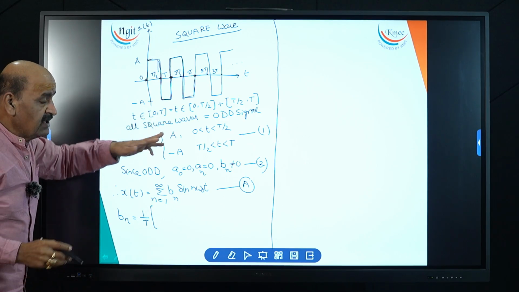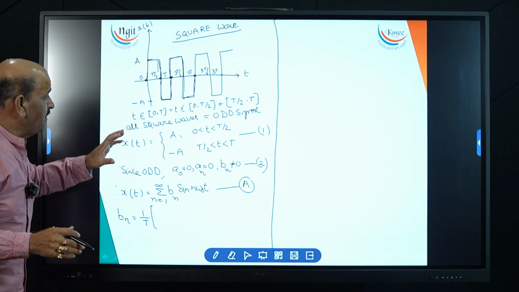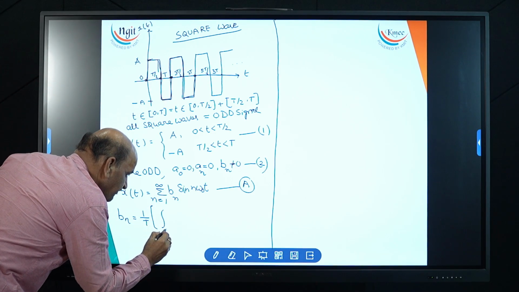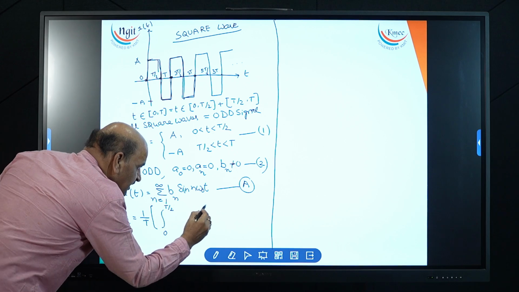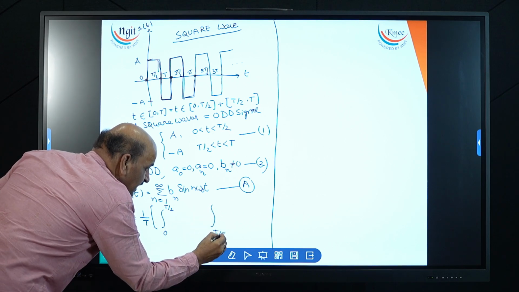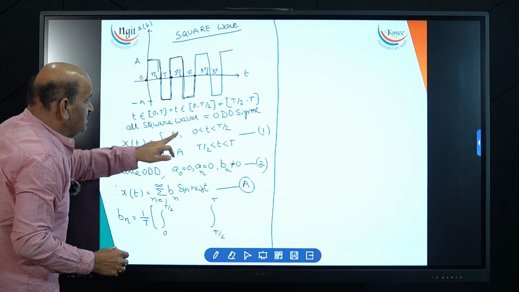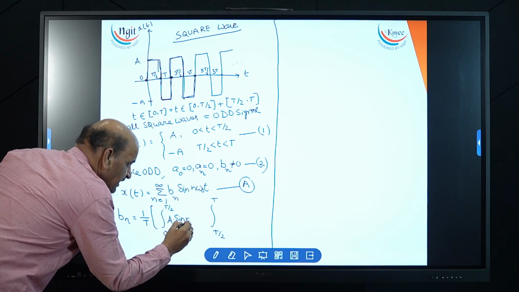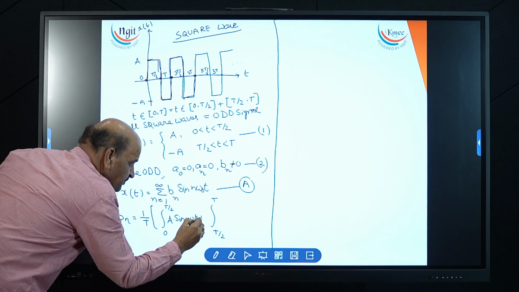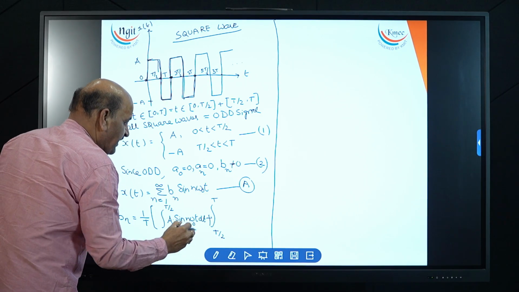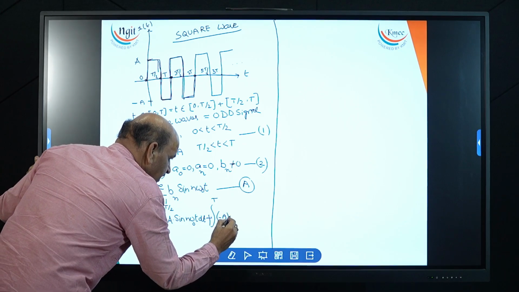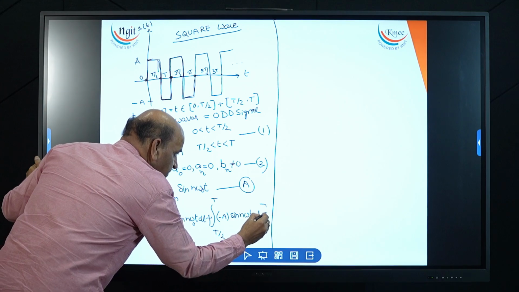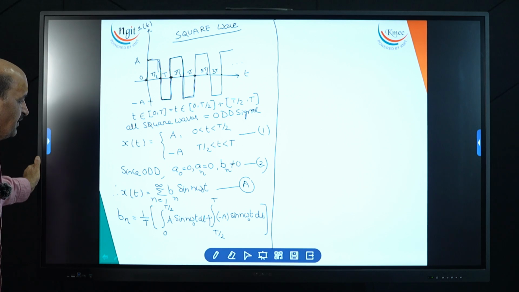Because the period is split into two continuous parts, we have to make one integral for each part. Therefore we make an integral from 0 to T by 2, and another integral from T by 2 to T. Between 0 to T by 2, its value equal to A times sine n omega naught t dt, plus, for the other one, minus A into sine n omega naught t dt. In this way we have to split the integral.